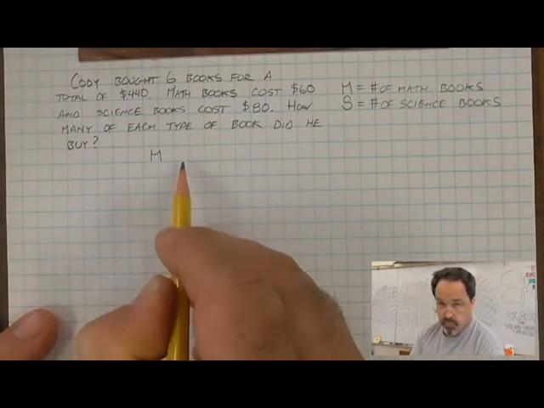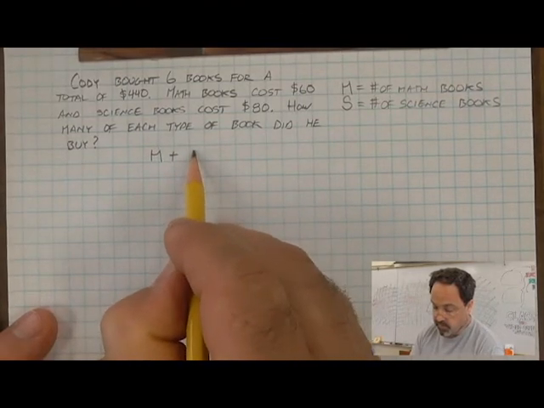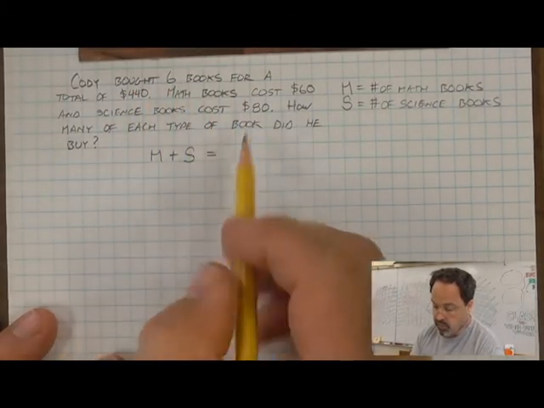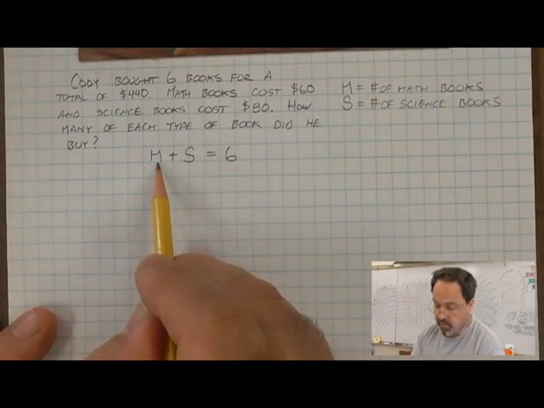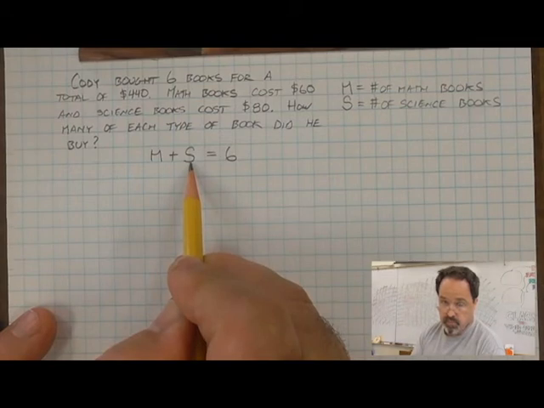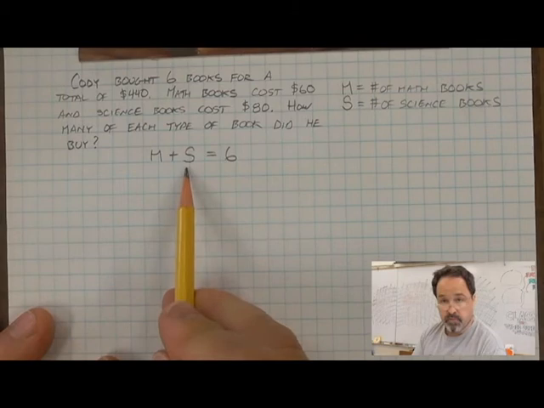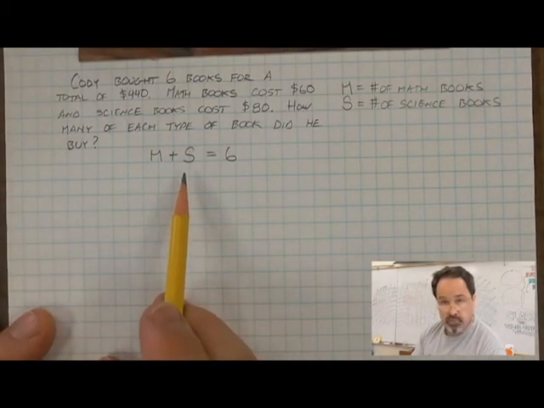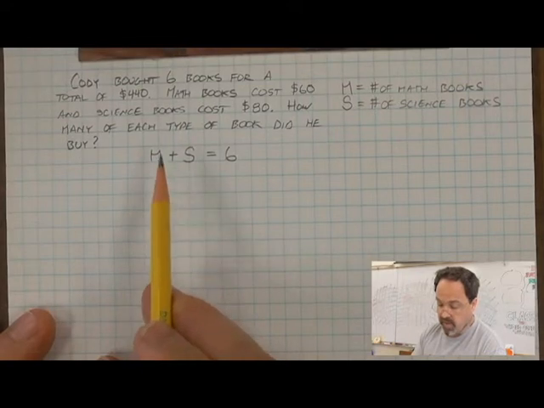The number of math books purchased plus the number of science books purchased is going to be equal to the total number that were bought, but we don't know how many of them were math and how many of them were science books, because that's what we're trying to find out. But at least we have this simple equation. Now, I can't solve this equation because there are 2 unknowns. I don't have yet enough information to find M or S.